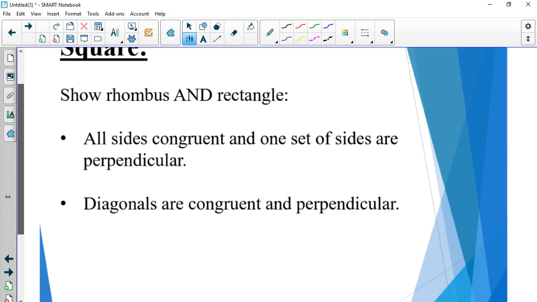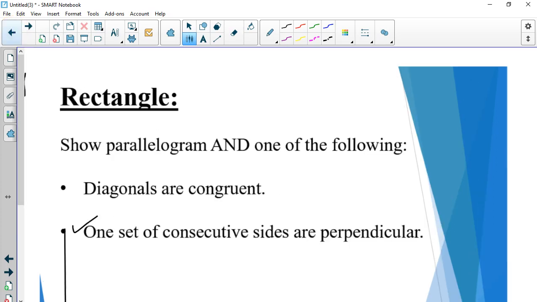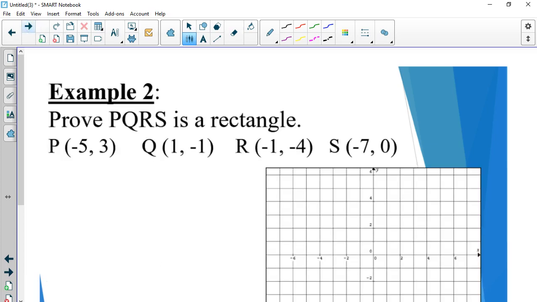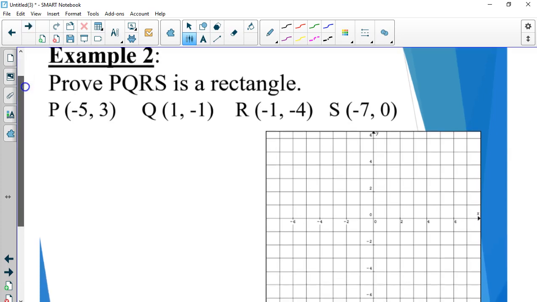So again, you have to prove rhombus, then you have to prove rectangle, which, like I said, if you just did all four slopes, you could do that all at once. And then all sides are congruent, and one set of sides is perpendicular, which, again, if you did the four slopes, this would already be done, and you just have to do the distance formula on all four sides. Or the diagonals prove congruent and perpendicular. So square obviously takes the most proof because it's the most specific shape.